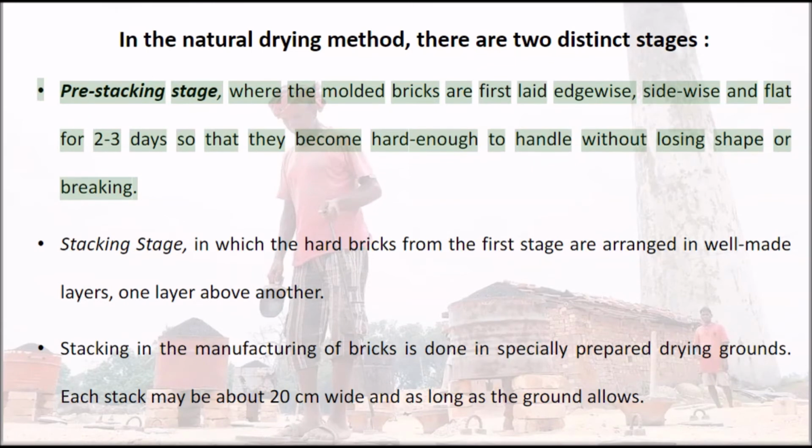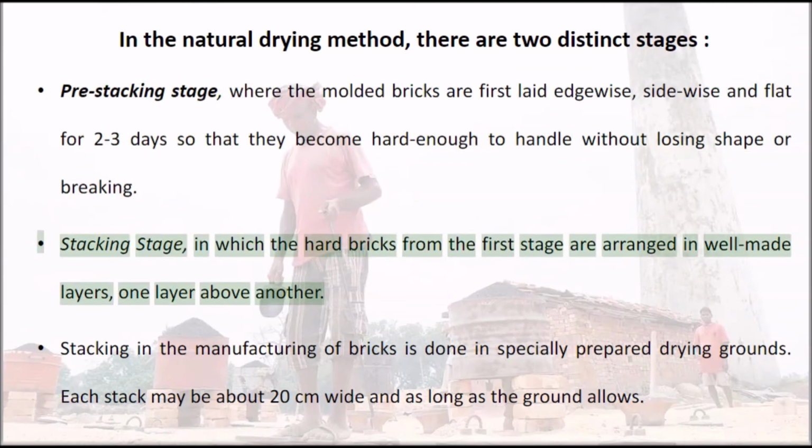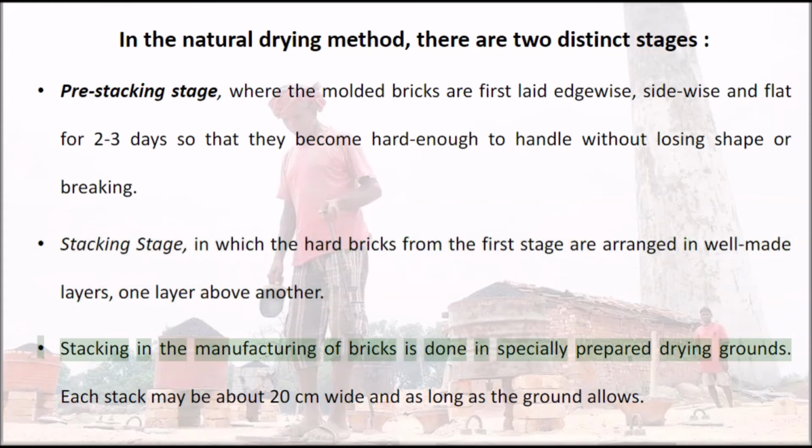Stacking in the manufacturing of bricks is done in specially prepared drying grounds. Each stack may be about 20 centimeters wide and as long as the ground allows. The height of the stack is generally about 10 brick layers. Enough space is left between the individual bricks in a stack and also between the different layers for easy circulation of air.